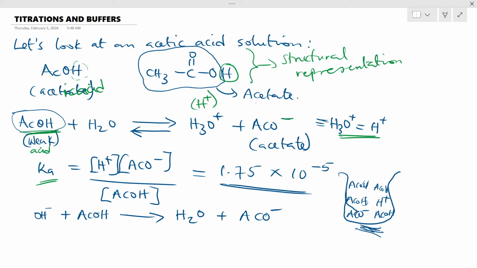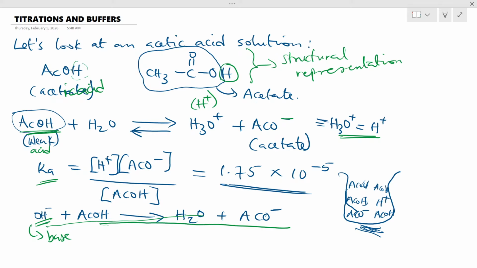So in titration, as I continue to add OH minus to this solution, and mind you, in titration, OH minus, which is right here, being added to the acetic acid, this OH minus represents what? The base. So this fundamental reaction takes place: your base plus your acid.